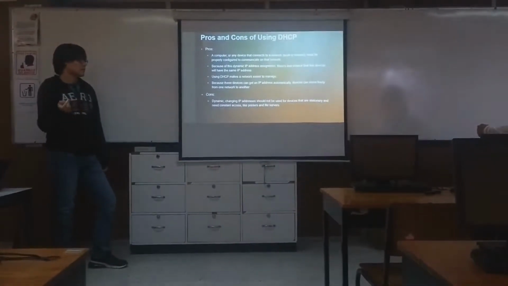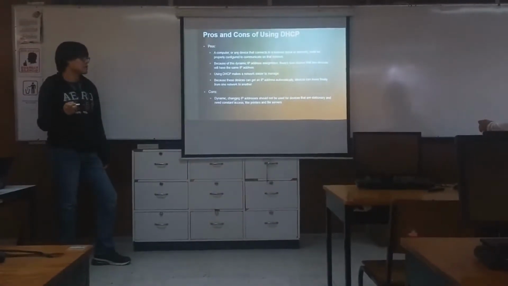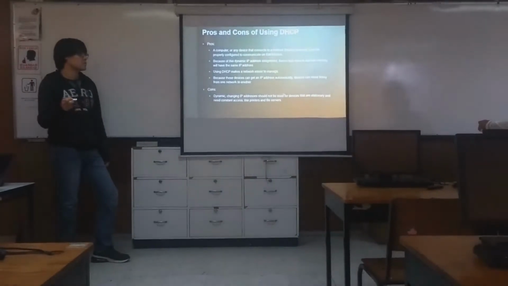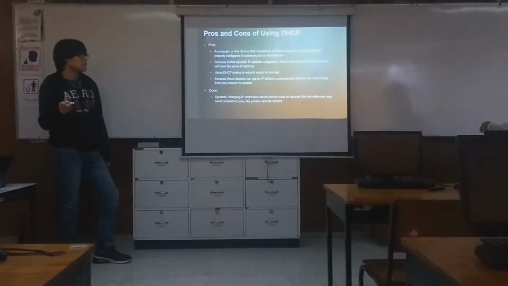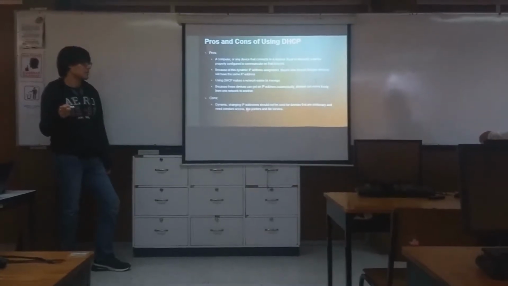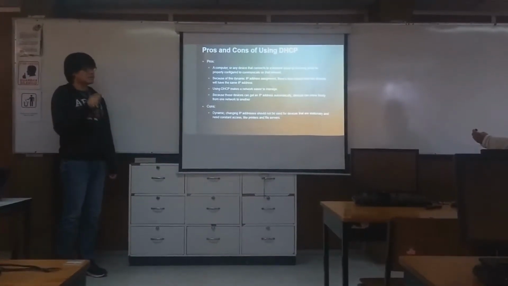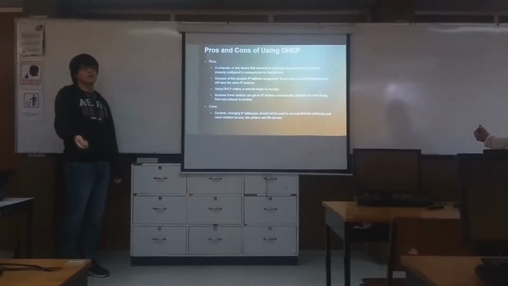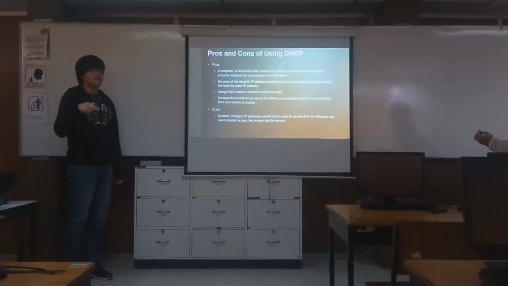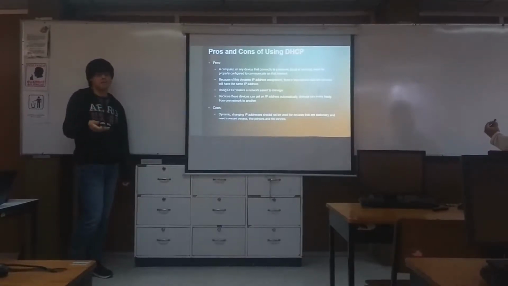So yeah, the cons can be that dynamic changing IP addresses should not be used for devices that are stationary or need constants, like printers or file servers. Like I said, this is mostly the configuration you give with the DHCP to the devices.